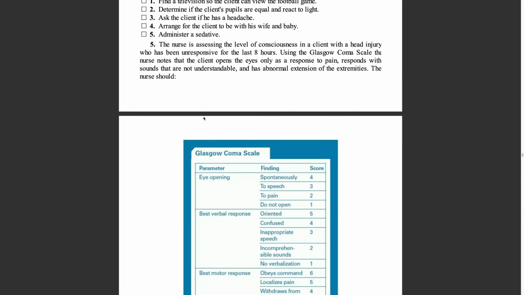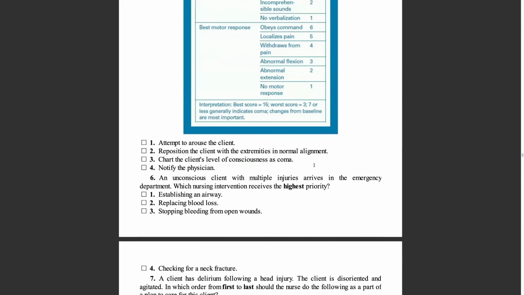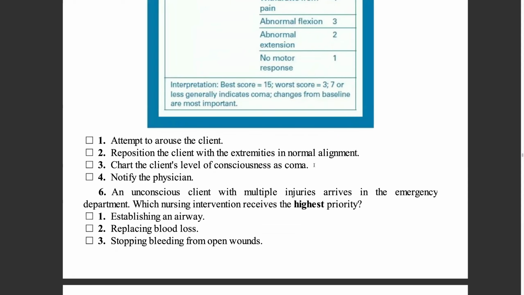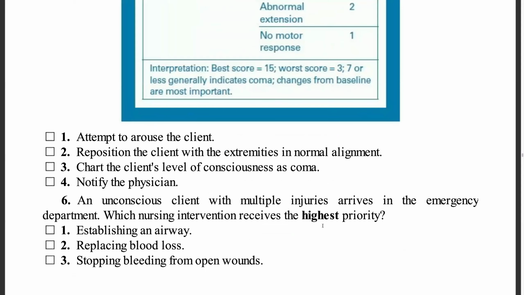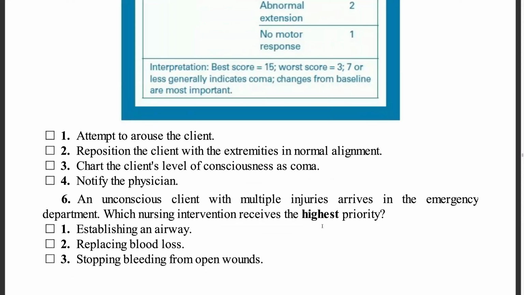The nurse should: 1, attempt to arouse the client; 2, reposition the client with extremities in normal alignment; 3, chart the client's level of consciousness as coma; 4, notify the physician. Would you choose choices 1, 2, 3, or 4 if this was the NCLEX?